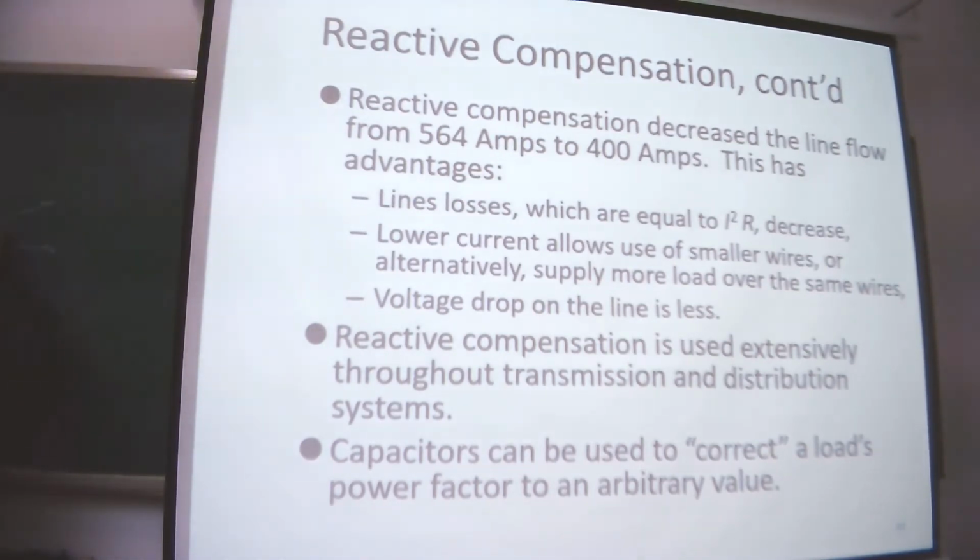Doing like this, the current flow can be reduced. That is why reactive power has its own function and role in our power transmission networks. Doing like this, we can use a different angle.